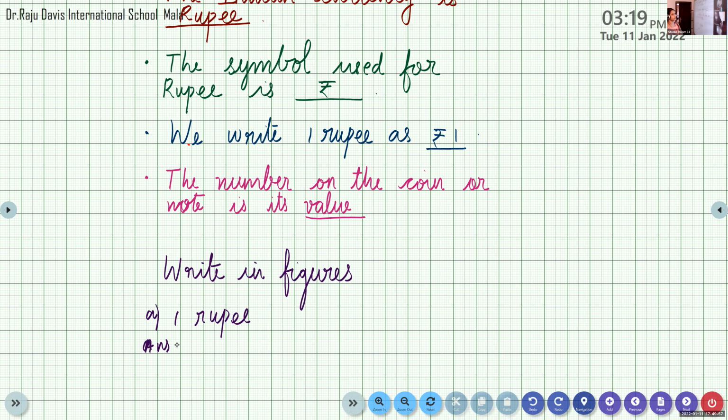So how will we write in figures? 1 rupee. First of all, we will write the symbol. Then we will write the number.